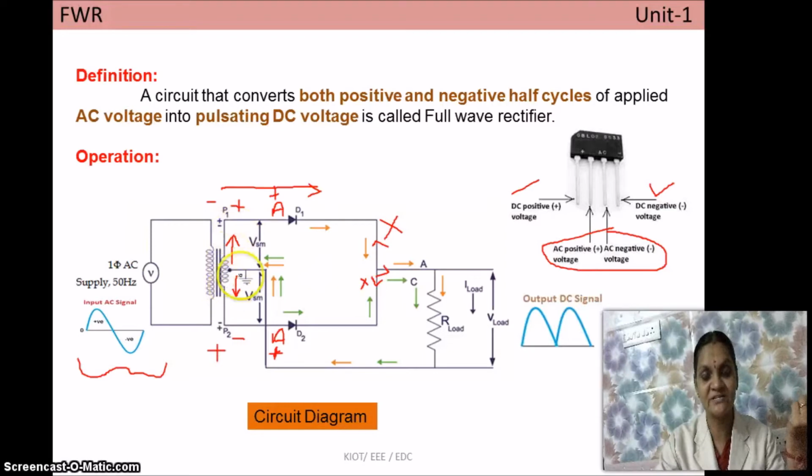So the net DC current through the transformer secondary becomes 0. So this may not lead to saturation losses, whereas that is one of the major problems in the half wave rectifier that gets overcome here in the full wave rectifier. This is one of the advantages of the full wave rectifier.